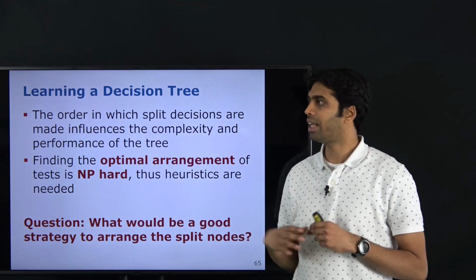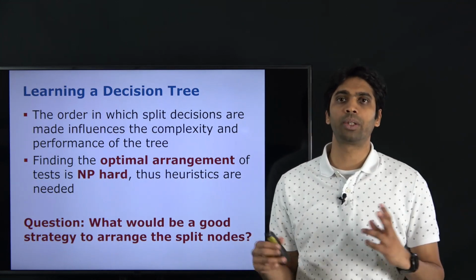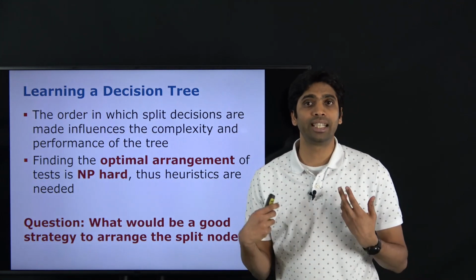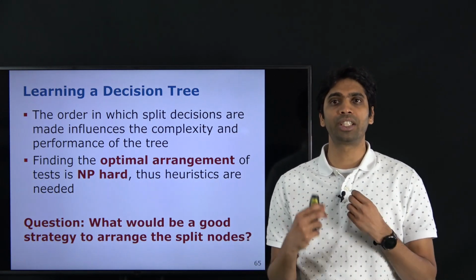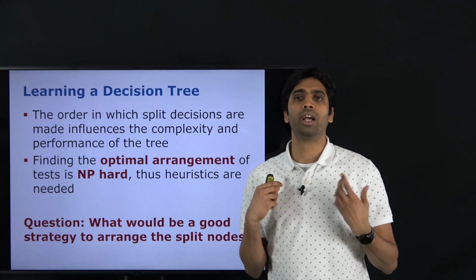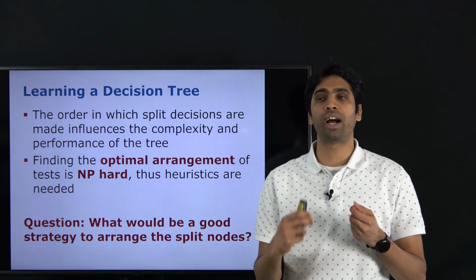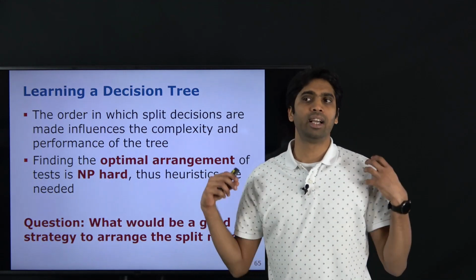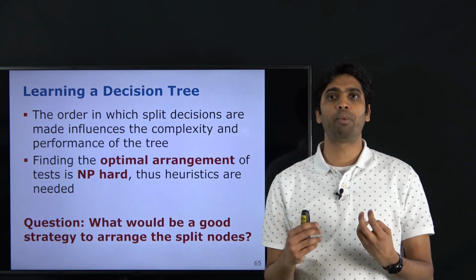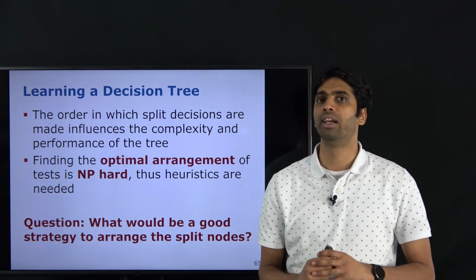It so happens that determining the order of the questions that you ask is not that easy. It's an NP-hard problem, which essentially means that it's computationally very tough to find the optimal order, for example, which would give me the prediction for my data point in, let's say, the fewest number of questions, or the one that's more accurate, and so on.